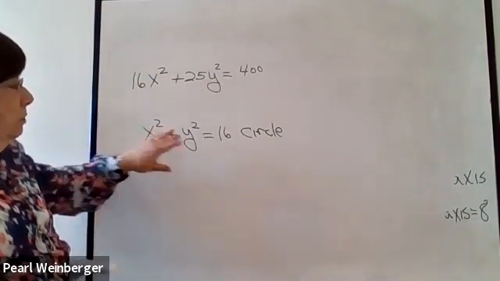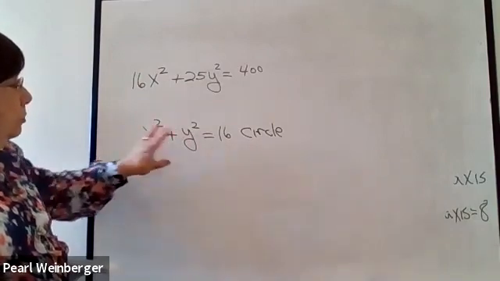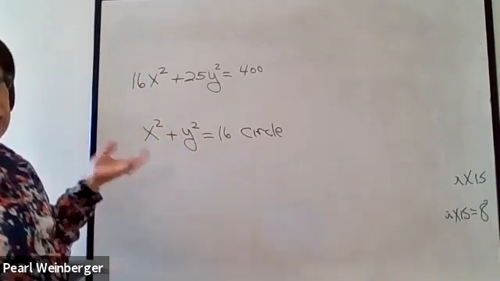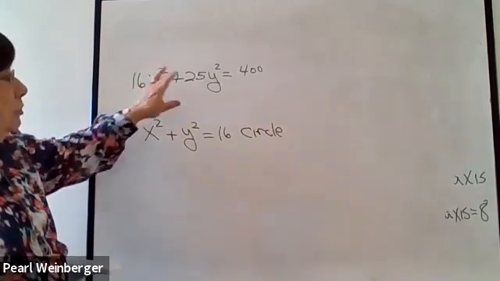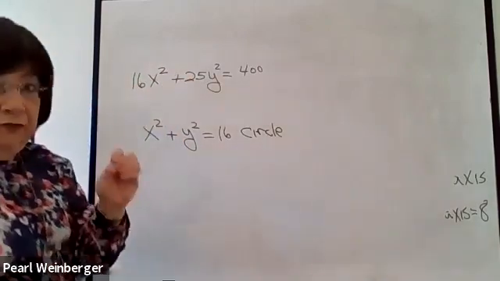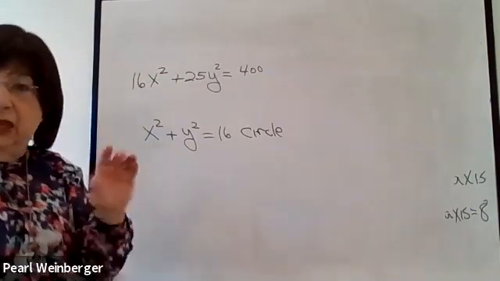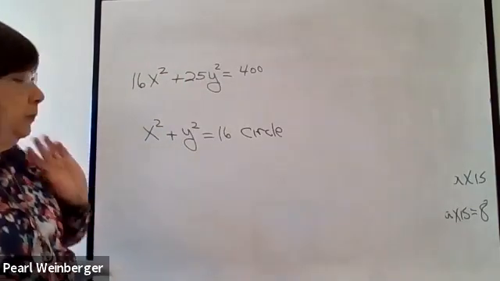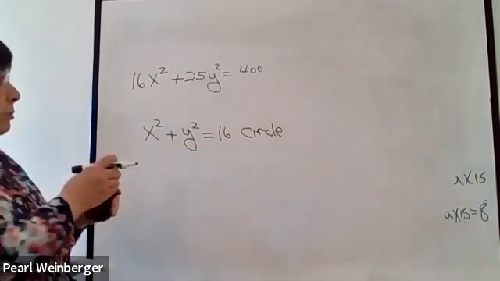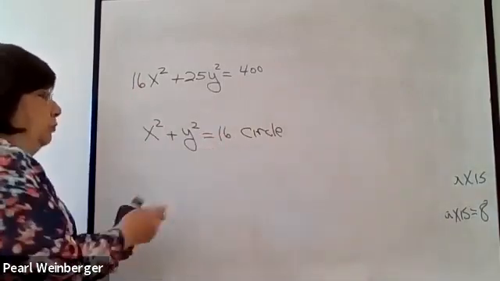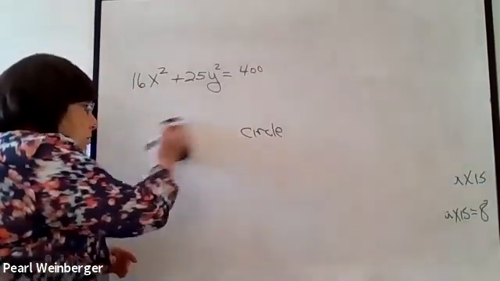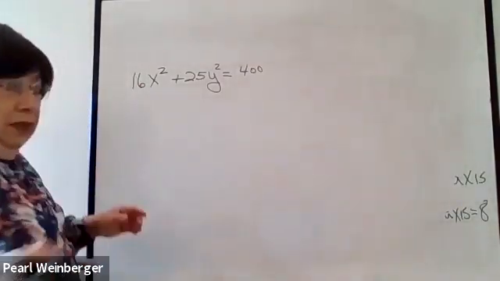If the coefficients of the x squared and the y squared are the same, usually they're just 1, it's a circle. If the coefficients are different, it's an ellipse. If you remember, we said this was a circle and the radius of the circle was 4. But let's go back to this ellipse.